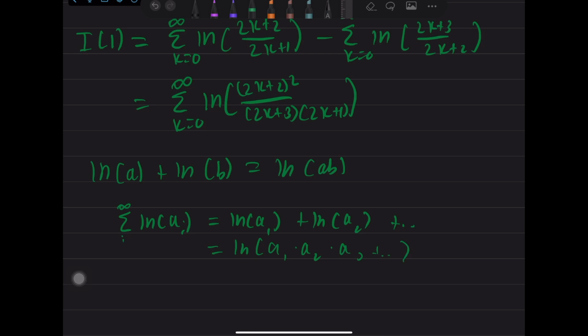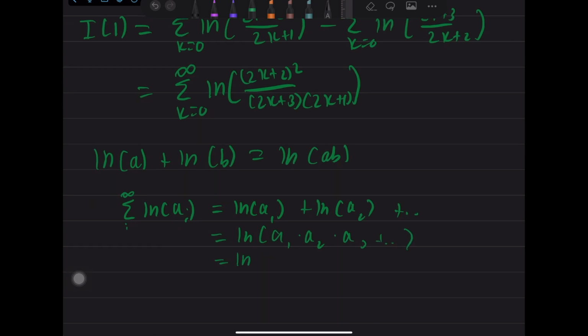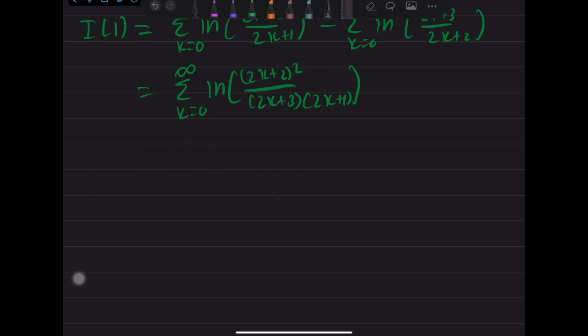So we can really write this as the product over i. This is the same idea we're going to use here. We're going to rewrite this as a product. So this will become the natural log of the product from k equals 0 to infinity of 2k plus 2 squared over 2k plus 3 times 2k plus 1.